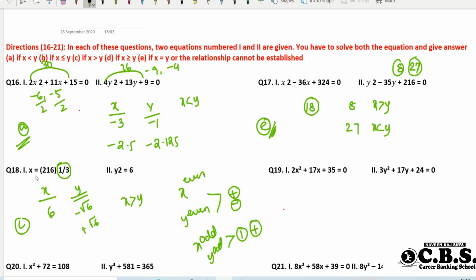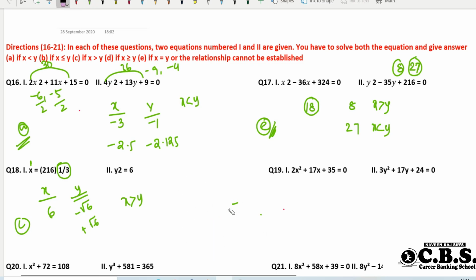And here it is x to the power of 1 by 3. Within the root it is x power 1. So x power 1 is an odd number, and an odd number gives only one positive root. Okay, all of you know this, I think. If you want to learn more about this, we're going to explain it in the next quadratic equation basic concept class. Don't worry, so wait for that class. Okay, let's go for the next question.